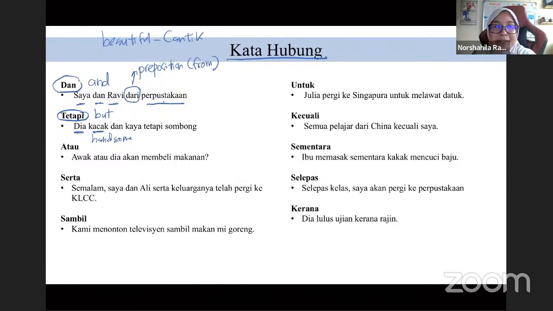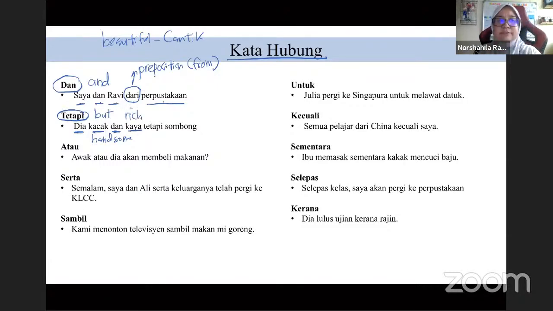That's why in Bahasa Melayu, how you want to know either it is male or female, you need to see the sentence. Because we are not like Bahasa Inggeris, it's very easy with the pronouns, because we can only know either he or she. But in Bahasa Melayu, we use dia. So, dia kacak, he handsome, dan, and kaya. Kaya means rich.